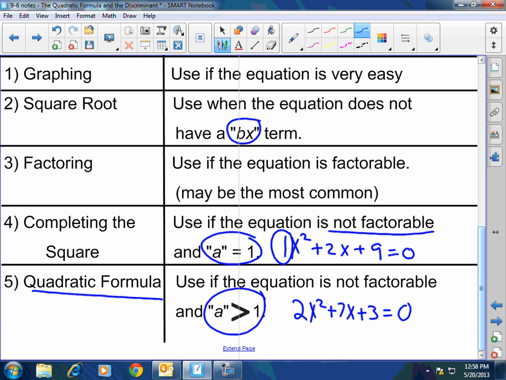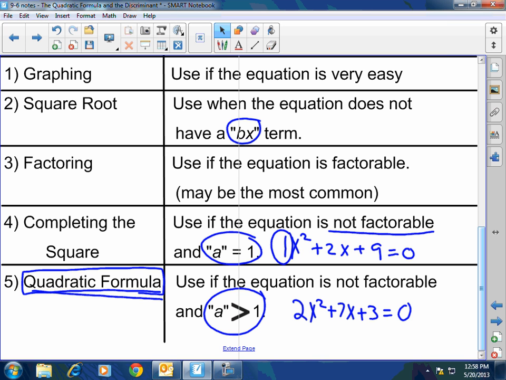But you can use the quadratic formula in a pinch for any quadratic equation. Remember that. But the most useful common use for it is when it's not factorable and you've got an a that is greater than 1, or you have a bunch of nasty numbers like fractions or decimals. That's when for sure you go to the quadratic formula.